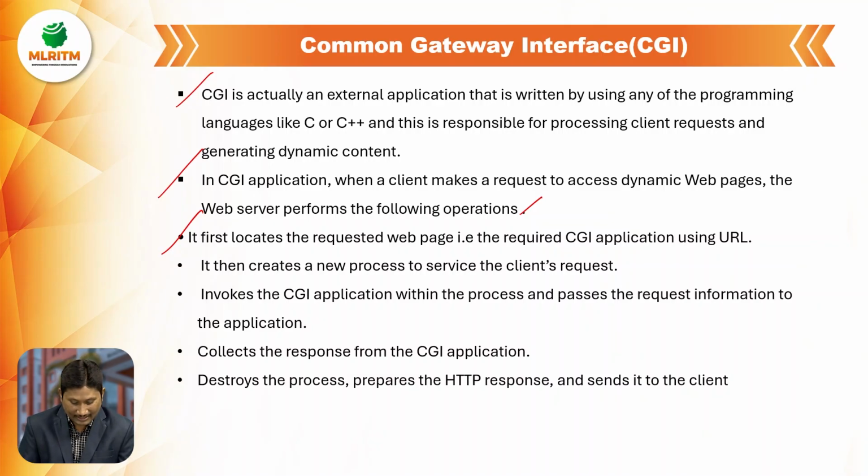It then creates a new process to service the client's request, invokes the CGI application within the process, and passes the request information to the application. It collects the responses from the CGI application, and finally destroys the process, prepares the HTTP response, and sends it to the client.